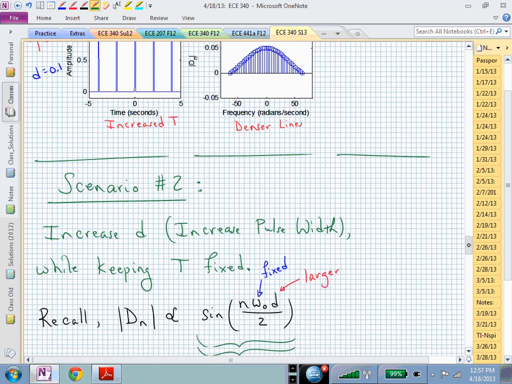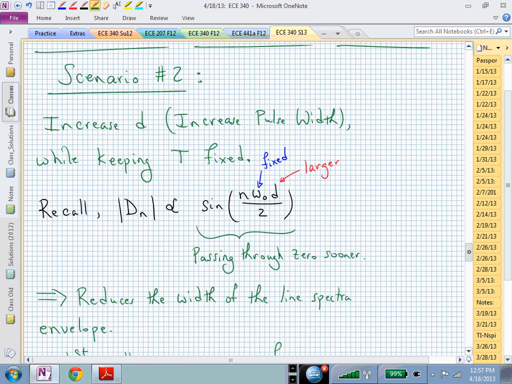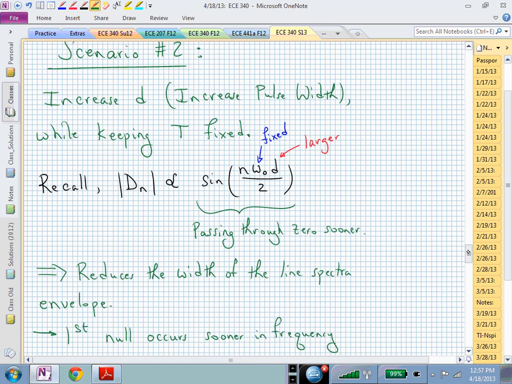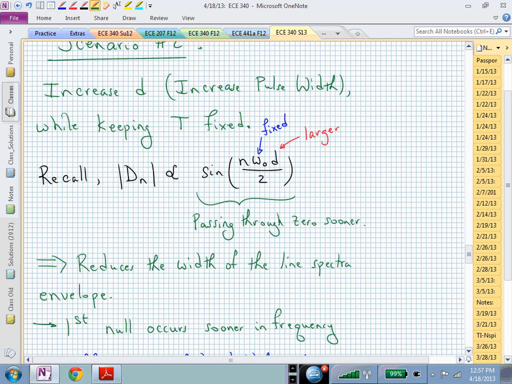Let's look now at what happens in the second scenario, where we increase the pulse width while keeping the period the same. If we keep the period the same, then omega naught is fixed. But now we're making D bigger.